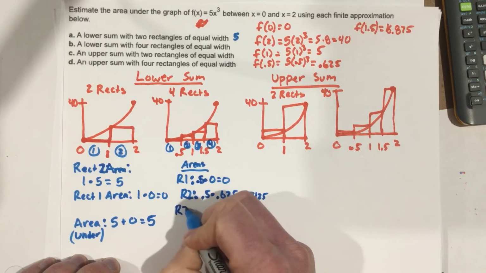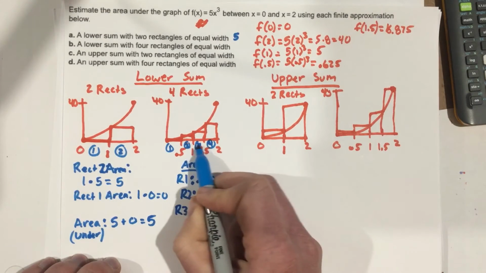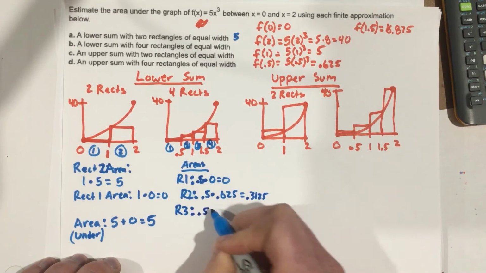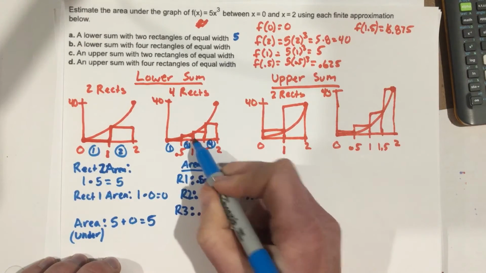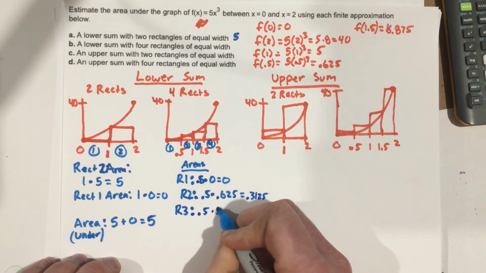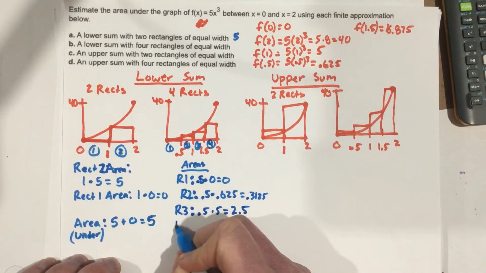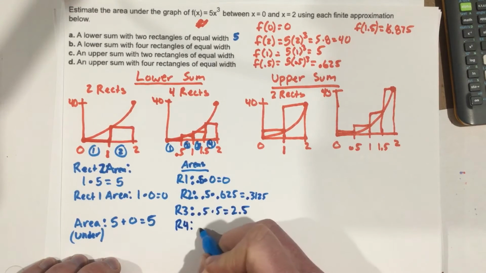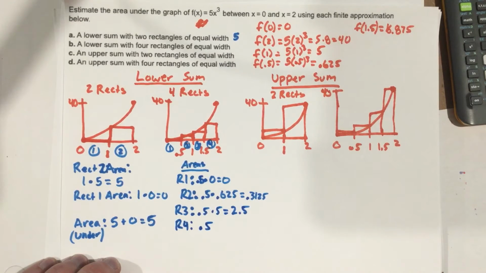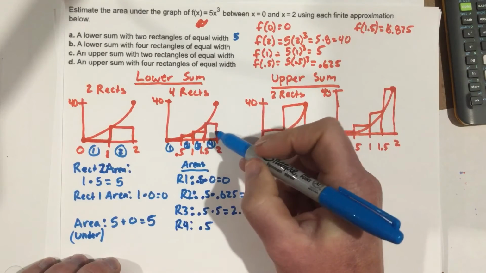For rectangle 3, its width is 0.5, its height is f of 1. Well, f of 1 is 5. So 0.5 times 5 we know is 2.5. And then for rectangle 4, again, its width is 0.5. So we're going to take 0.5 times its height.